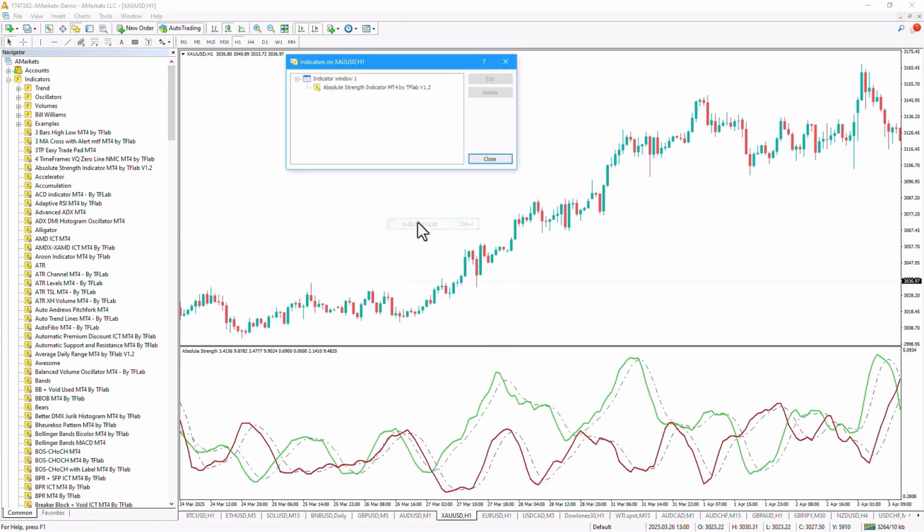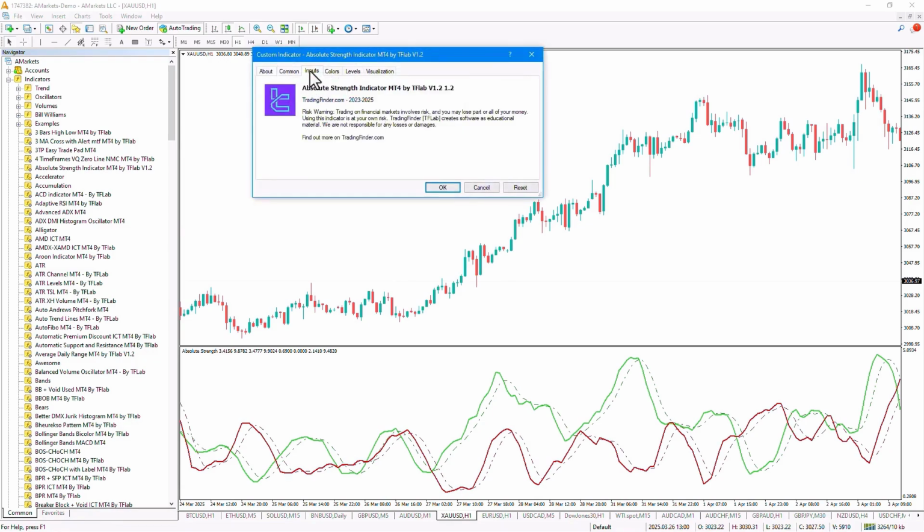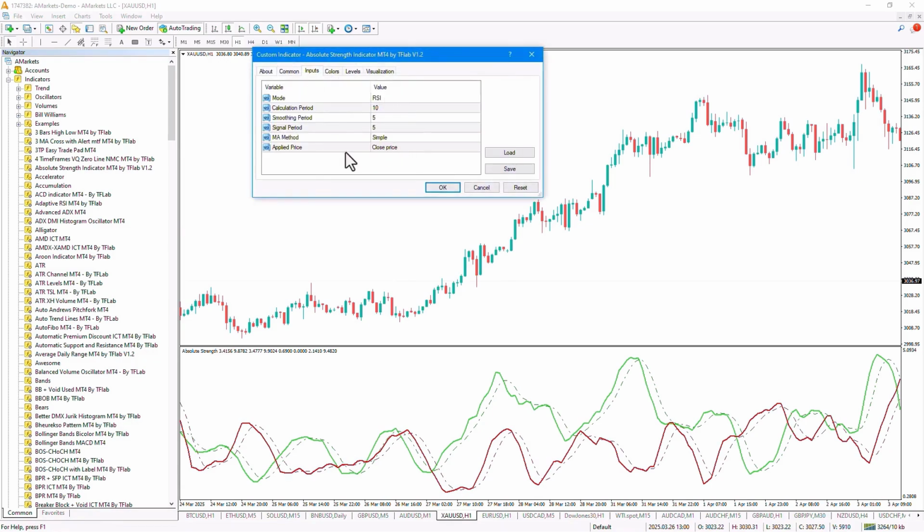In the settings section, under the input section, there are options available for us. In the first part, we can choose the calculation mode, where two modes, RSI and stochastic, are available, with the default set to RSI. If we select the RSI mode here, it calculates the price difference between two adjacent candles and performs the calculations.